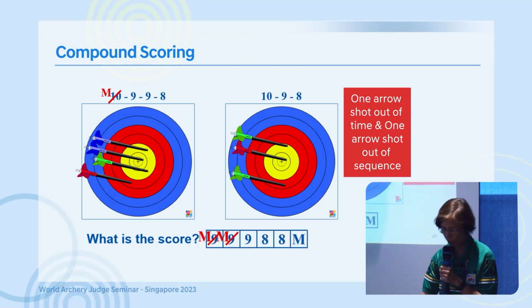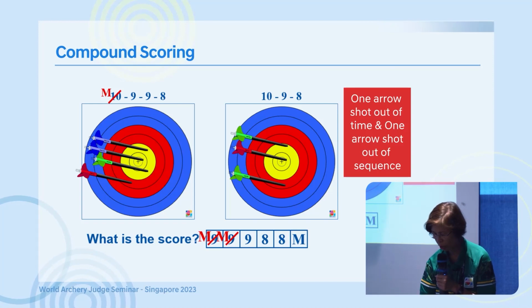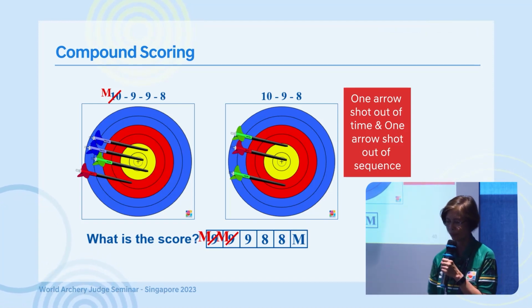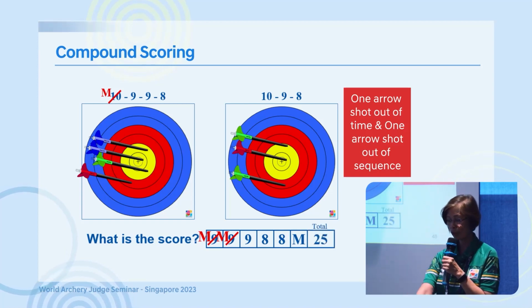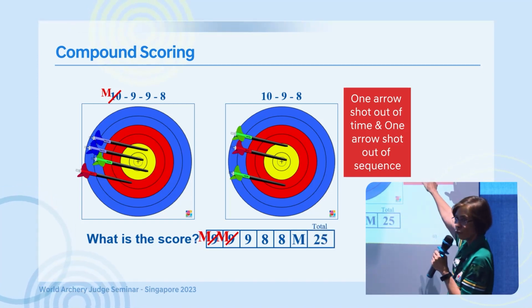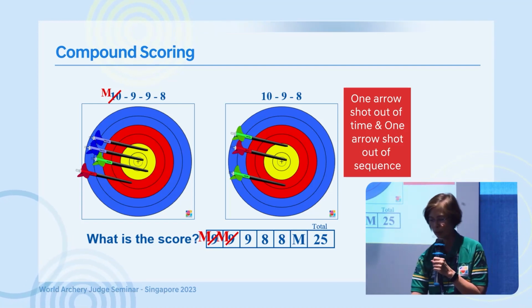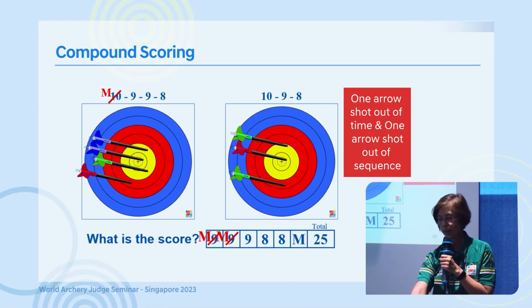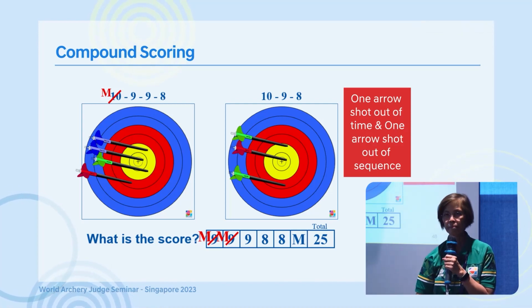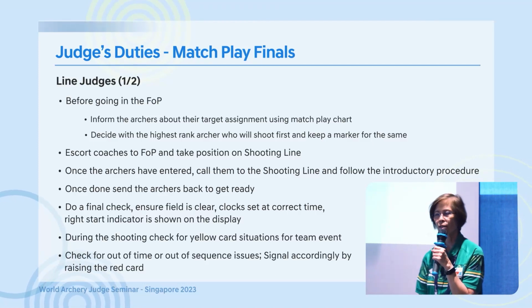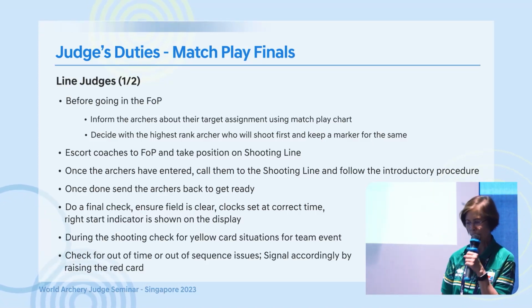Okay, but that's not yet finished. I have some animation here. See, because you have 2 at the end, out of time and out of sequence. Okay, so the final score is M, M, 9, 8, 8, M. Okay, you will have more of that perhaps in the exam.